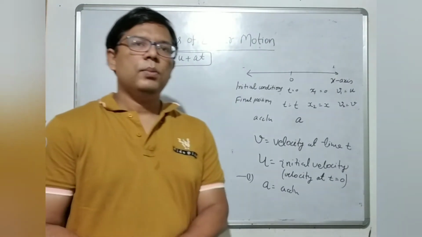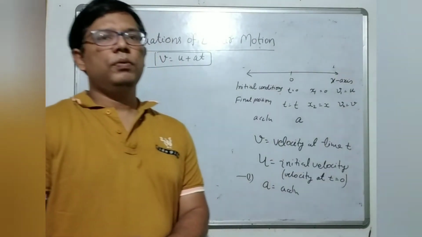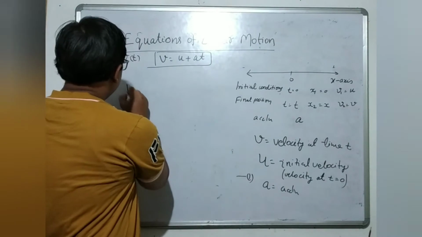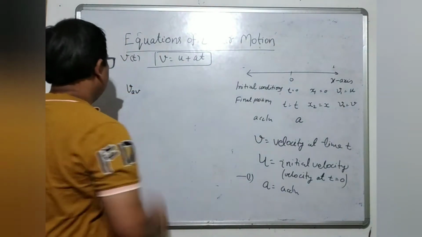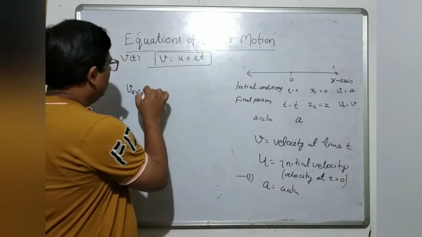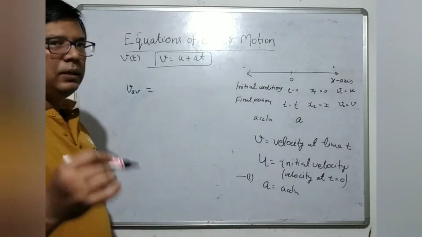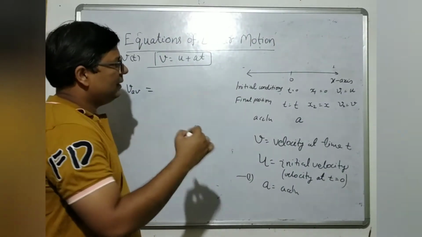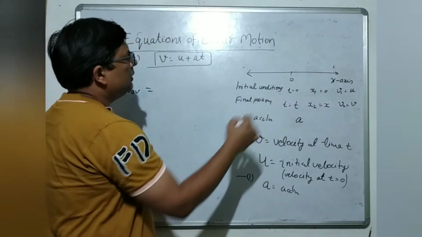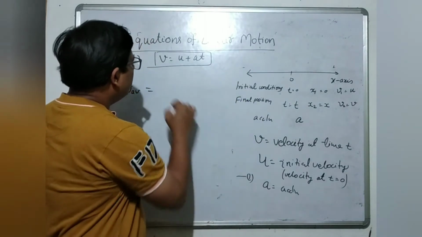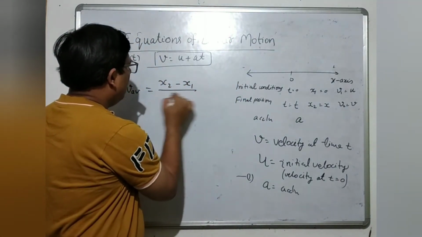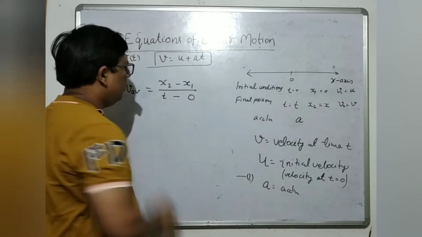So we have learned about the definition of average velocity, V average. What is V average? Average velocity is the change in displacement, x2 minus x1, upon t minus 0.